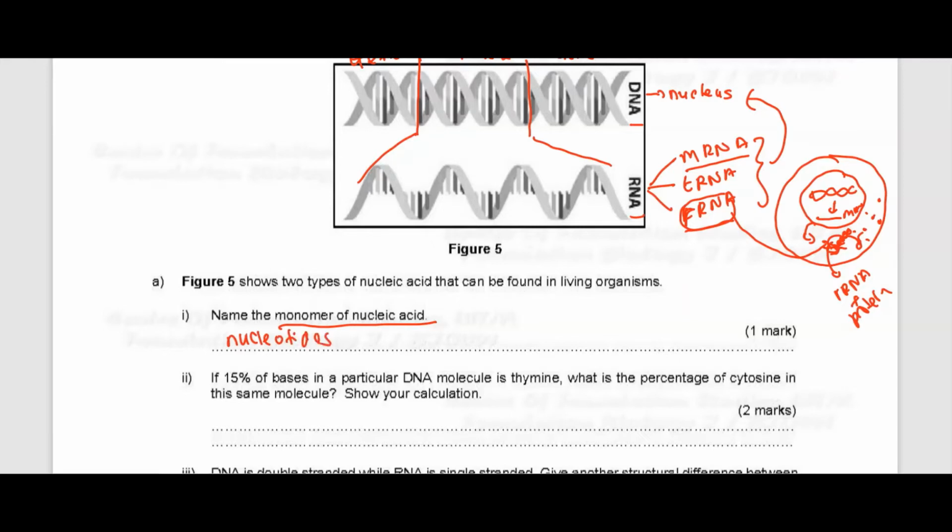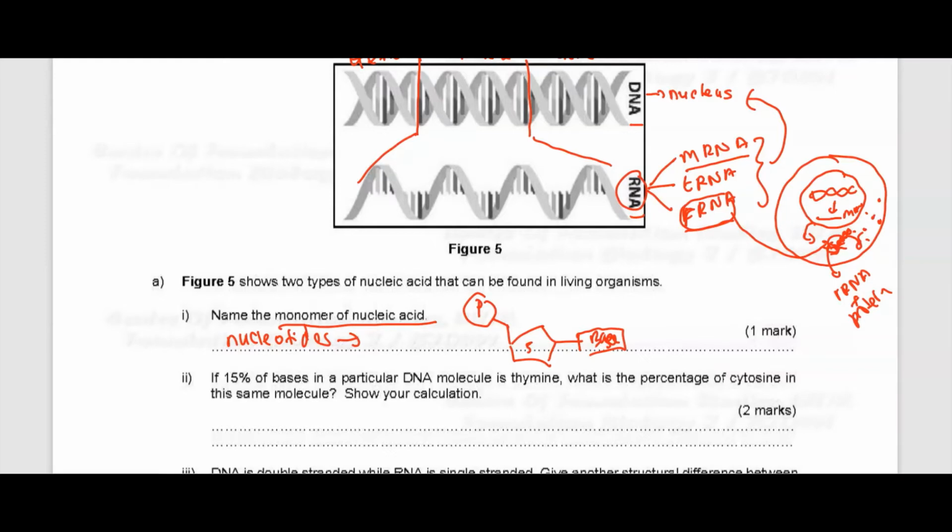You have to know the components of a nucleotide. It consists of three main components: a phosphate that is bonded to a 5-carbon sugar, and the 5-carbon sugar is bonded to a base. For RNA, the 5-carbon sugar is ribose, so that's why we call it ribonucleic acid.